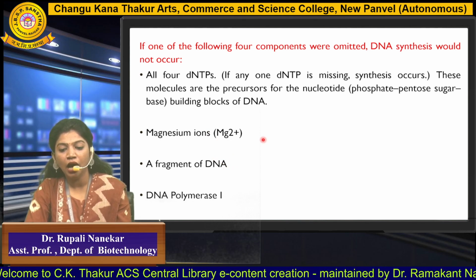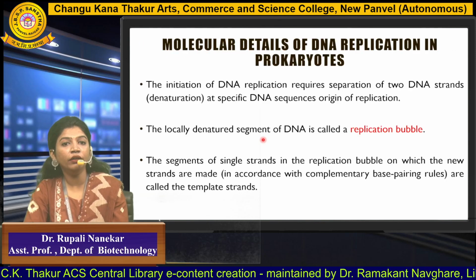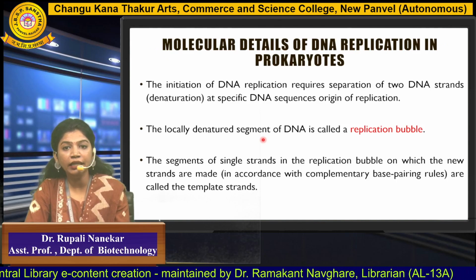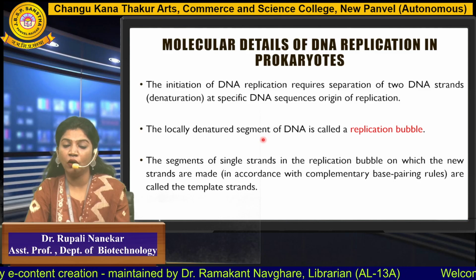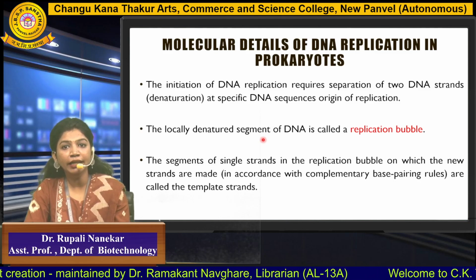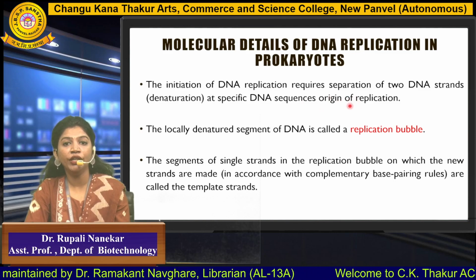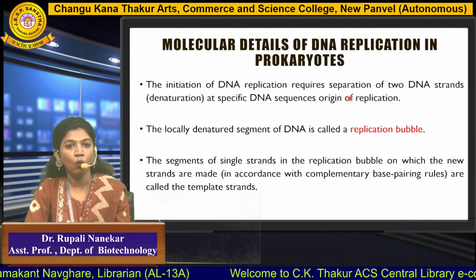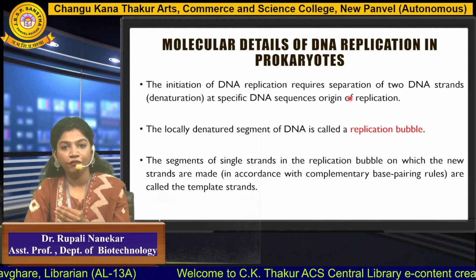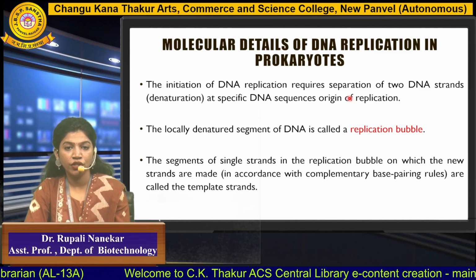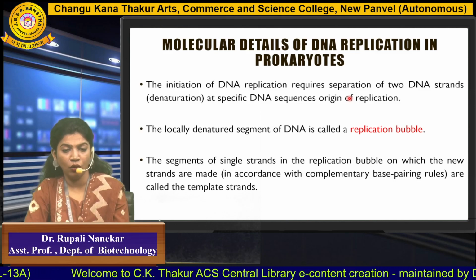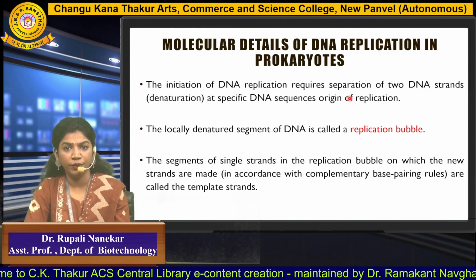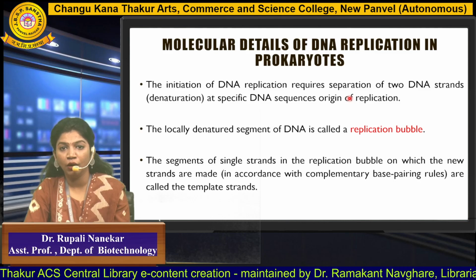Now, let's see the molecular details of replication in prokaryotes. Before starting any replication, it is not done randomly at any point of the DNA. It requires something called the origin of replication. Origin means from where it is going to start. That is ORI. Before starting DNA replication, you need to denature or untwist the double-stranded DNA, because if it is not untwisted, how are you going to form new DNA out of it?